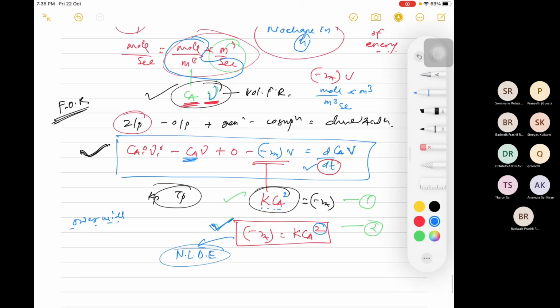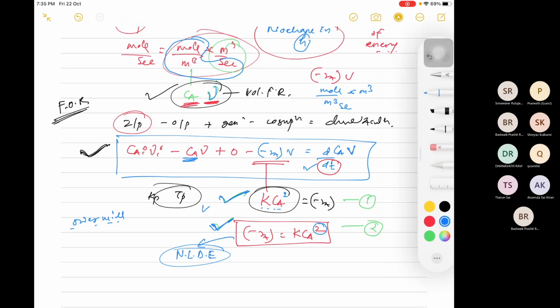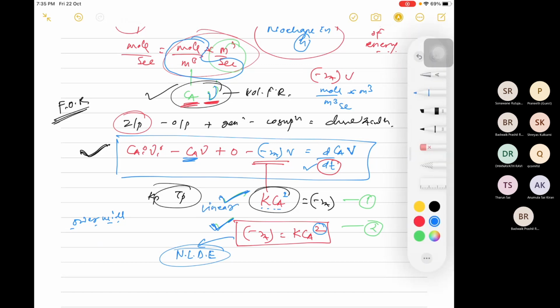Getting it? What did I say? The coefficient of the independent variable and the coefficient of the dependent variable should be 1. Non-linear equation and linear equation. If I substitute this, you will get a linear differential equation, and if you substitute this, you will get a non-linear differential equation. Right? But you are in BTech, that's why we will go for linear only.